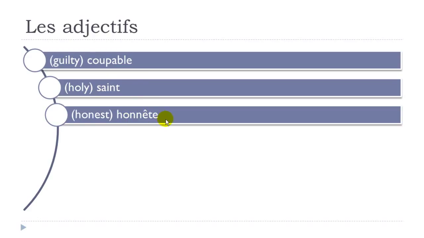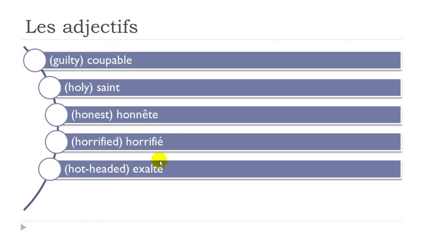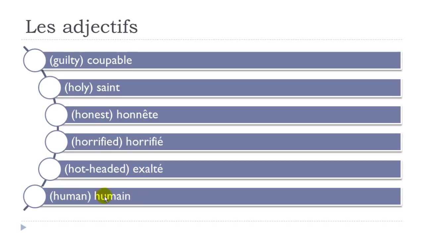Honnête. So remember, H doesn't exist. Honnête. Horrifié. Same thing here, you don't pronounce the H. Horrifié. Exalté. Okay, so here, final with the accent, so exalté. Humain.